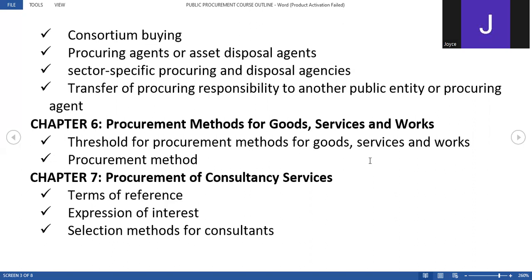We shall also understand some of the methods that are normally used when selecting consultants.